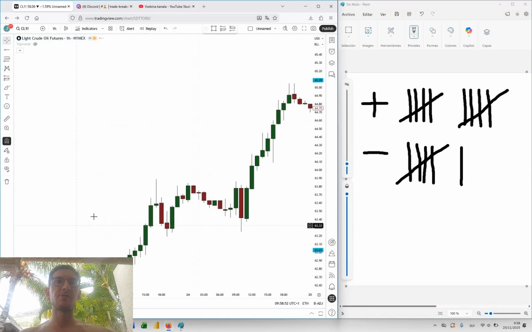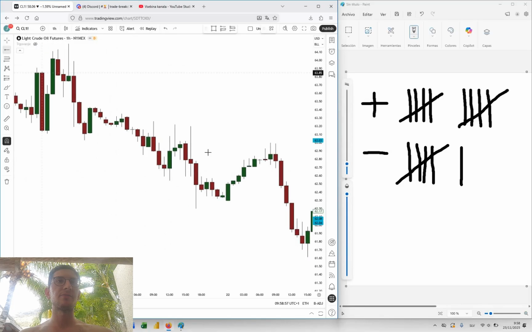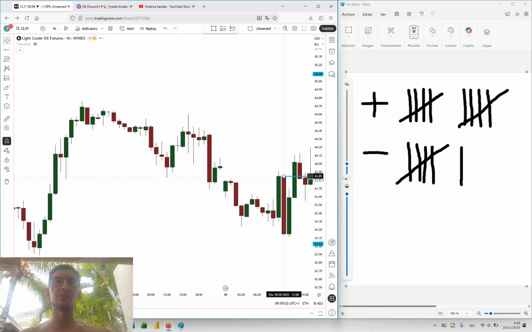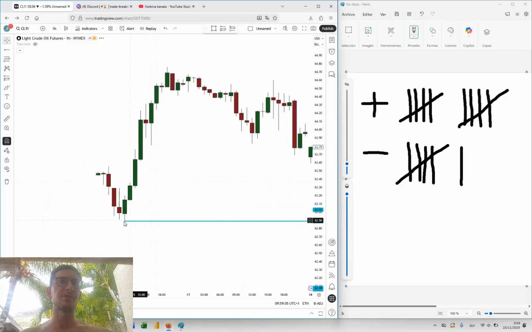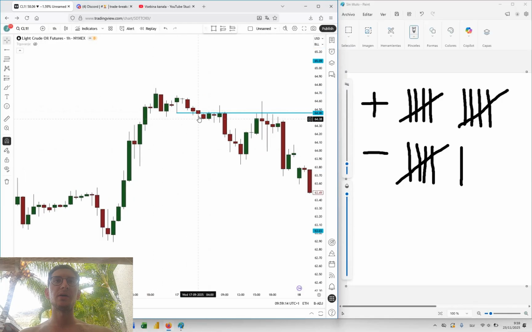We have four more to go and then we are good. Here, for example, this is already a downtrend, so here we have an uptrend, we go up, down up, down up, down up, and then boom, with this little candle we broke structure.